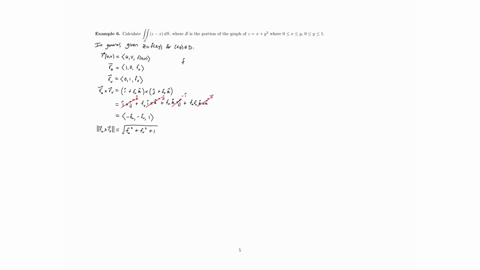If our function, let's say, is f of x y equals x squared plus y squared, and we let x equal v cosine u and y equals v sine u, then we get f of u comma v equals v squared.